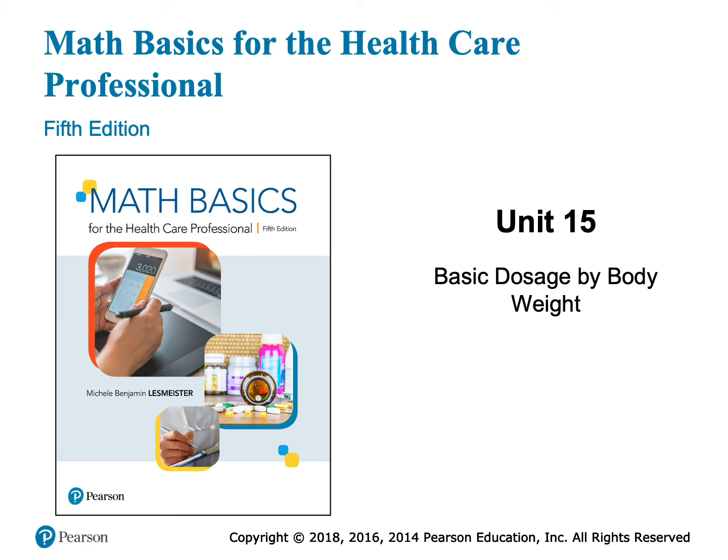So at the end of the review of this unit, we should be able to calculate dosage by body weight, convert weights between pounds and kilograms, which we've already done, calculate individual and daily dosages, as well as use formulas such as Clark's, Young's, and Freed's rules, I guess they're called, not formulas. So we'll be working with those 3 rules as well. That's kind of the new stuff for this unit.